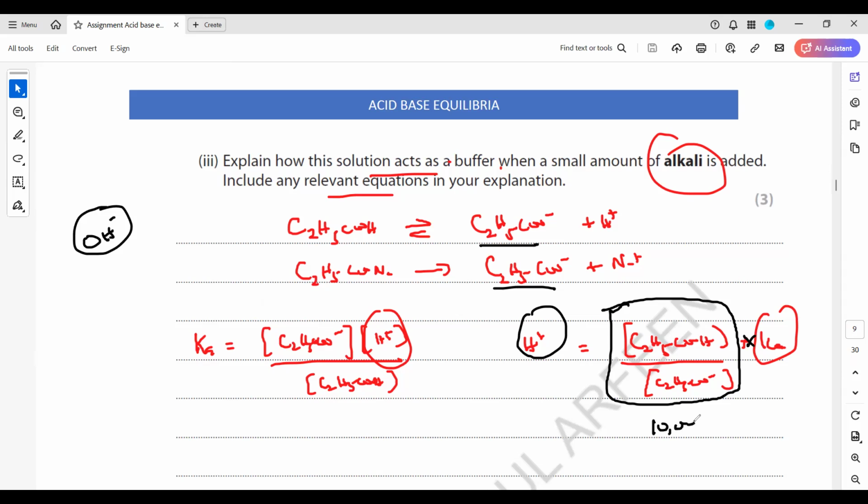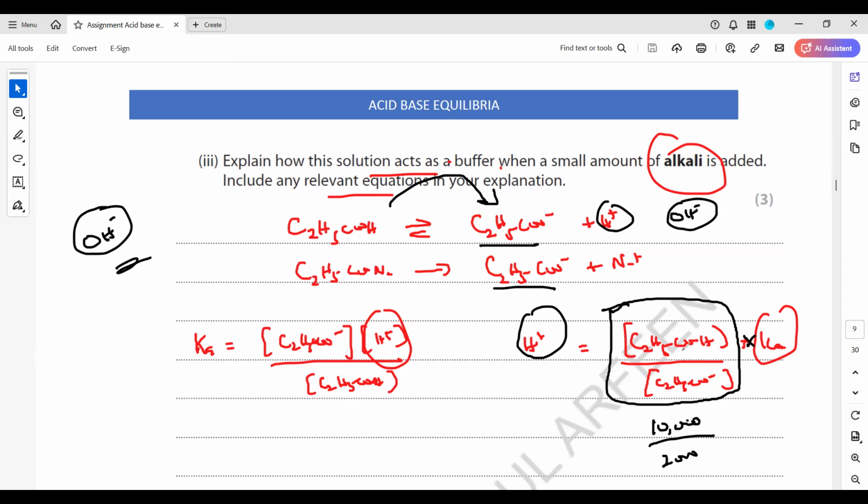Let's say this was 10,000, and this will also be large, say 15,000 or 2,000. What will happen when we add a small amount of alkali? That OH will react with the hydrogen ions and it will shift the equilibrium towards the right hand side.